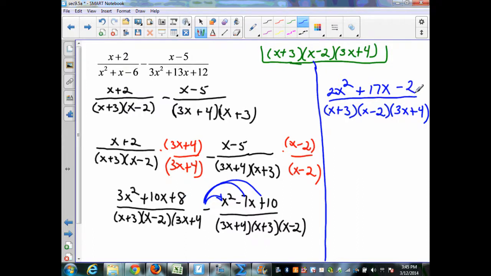So don't forget to distribute. If you have to, you can put parentheses here to remind you that you must distribute that negative 1 through each term. Now I check to see if I can factor in the numerator, and since I can't, this is my solution.